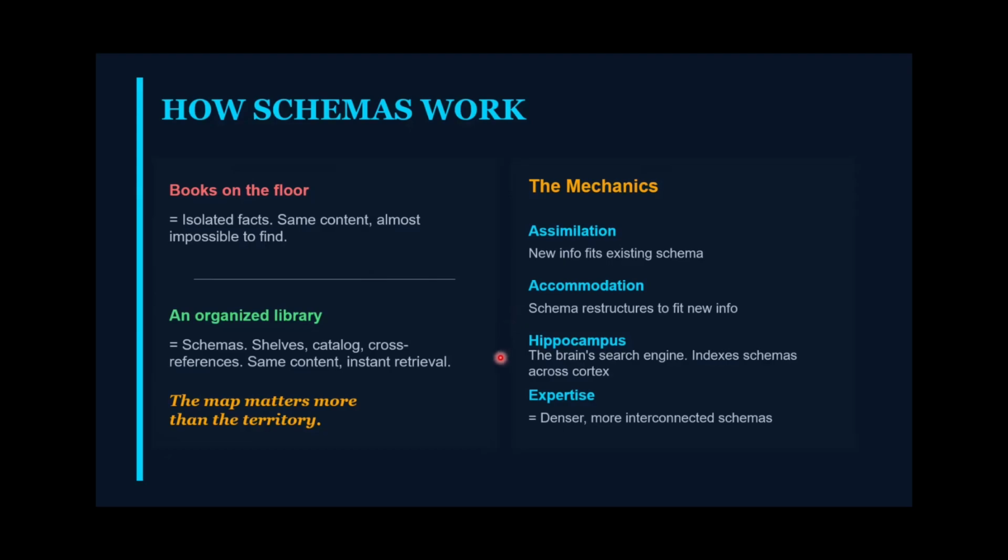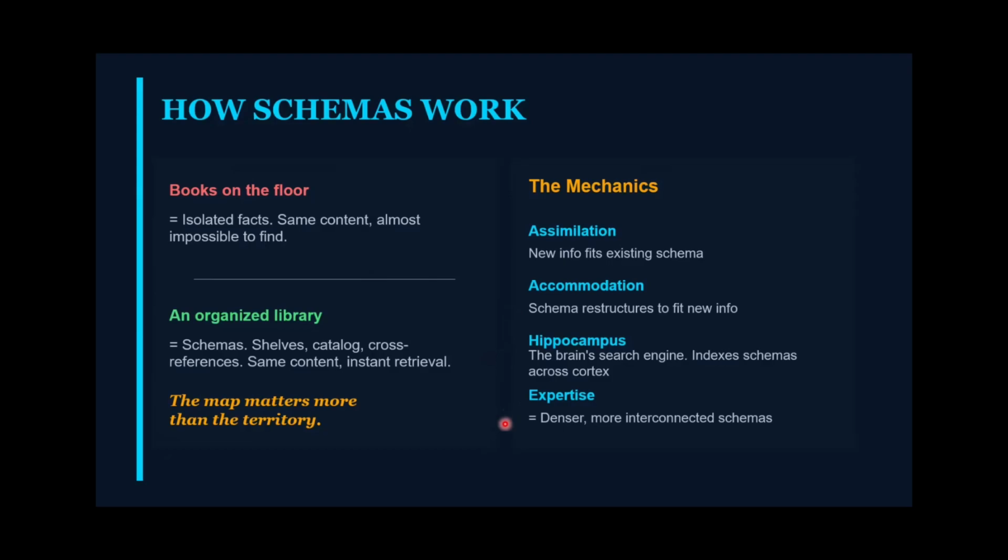And then the hippocampus, right? The brain's search engine, right? This is how our brain is able to index schemas across the cortex. And the way I want you to think about this is it's like the search engine, or Google, of our brains, the hippocampus. It's not an exact analogy, or exact equivalency, but I think it's a useful analogy.